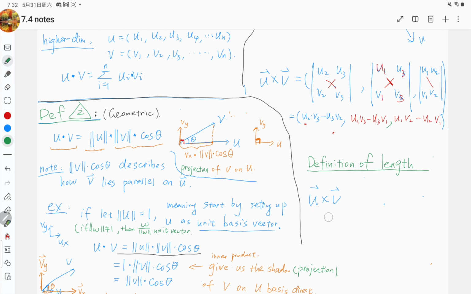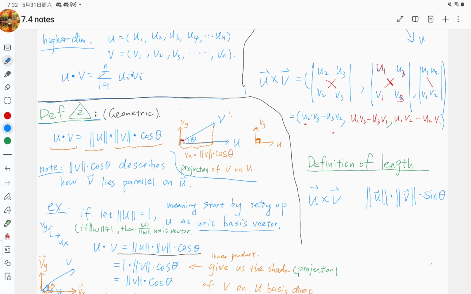And so if we write down something in terms of the norm of u times, this is the usual times, the norm of v, and then times sine theta, okay?